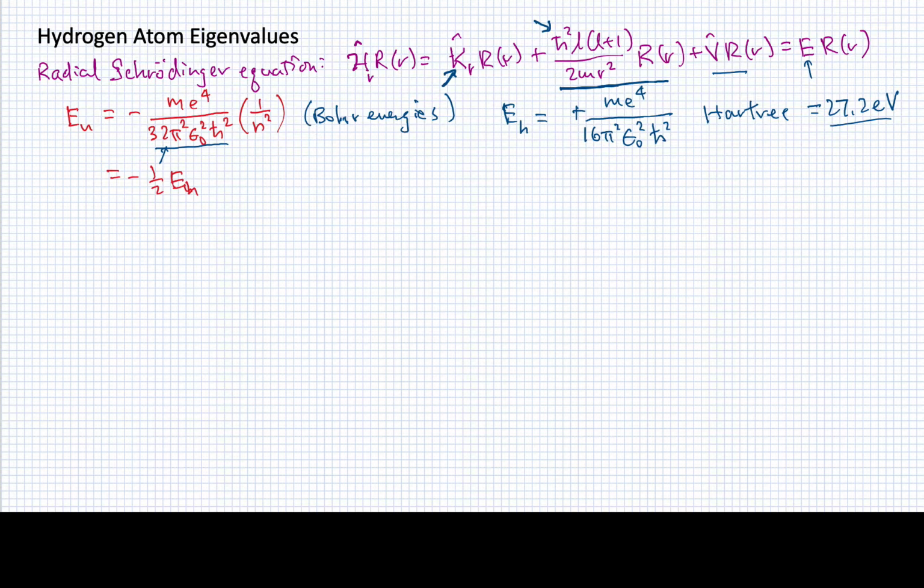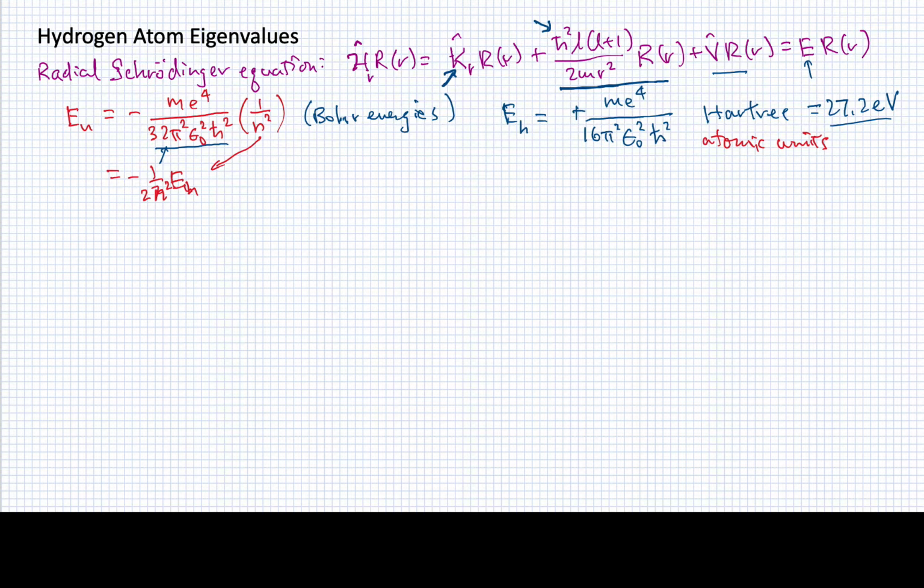And I should also mention that it's 1 over 2n squared E sub h, because we still have this n factor that goes in there. So the hartree energy is in fact something that belongs to a set of units we call atomic units. And we'll be talking about these in more detail in Module 4, but it's useful to get sort of an early picture about what these units mean.